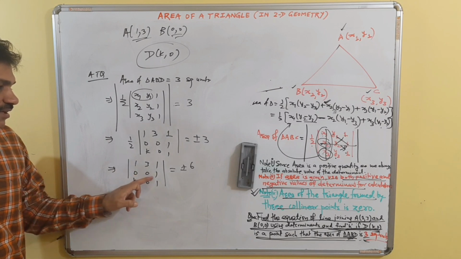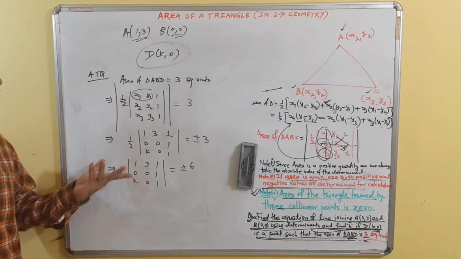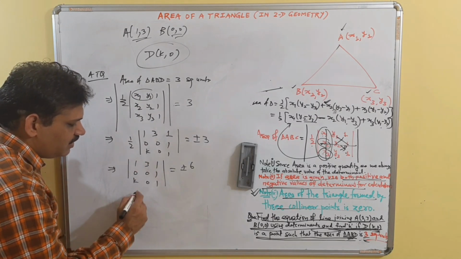Now we can expand along the second row or second column because we are having 2 zeros, but as usual we are going to expand along R1.